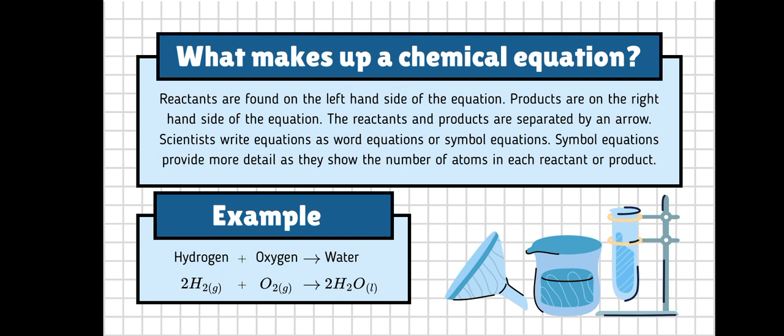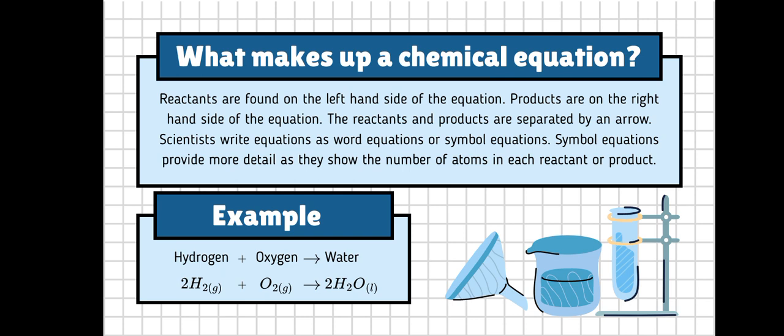So, students, what makes up a chemical reaction? We always write an equation first of all. In the equation, reactants are found on the left side and products are found on the right side. Now what are reactants and what are products?